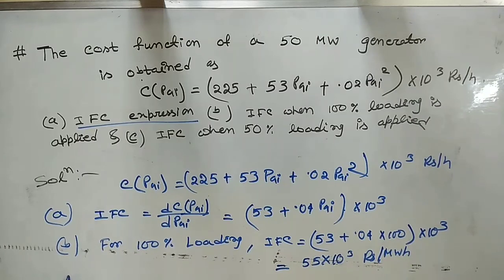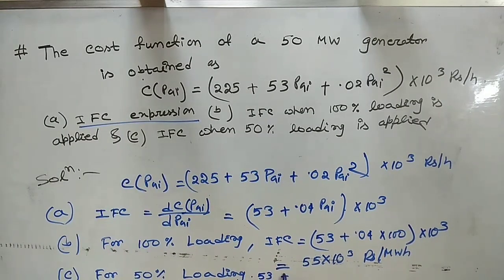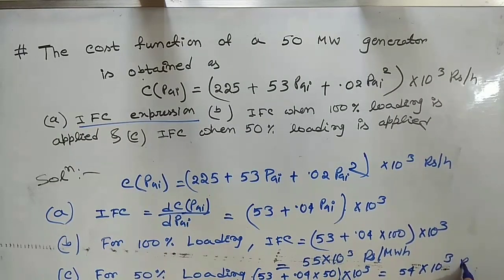Next, for 50% loading, 53 plus 0.04 into 50, into 10 cube. This is equal to 54 into 10 cube rupees per megawatt hour.